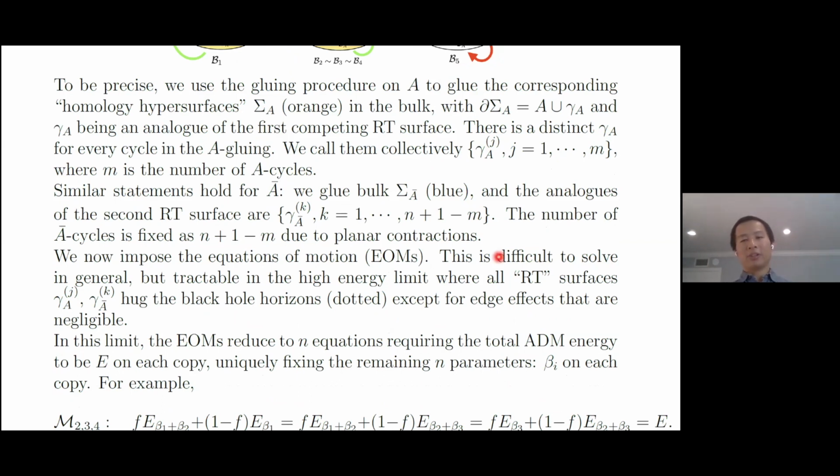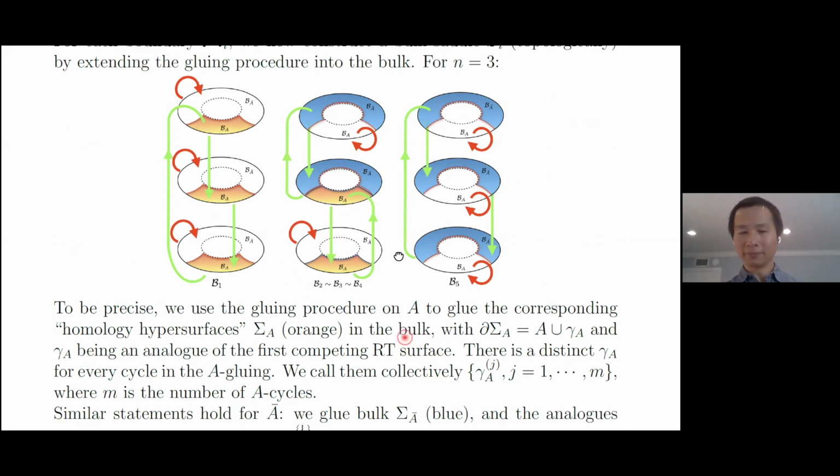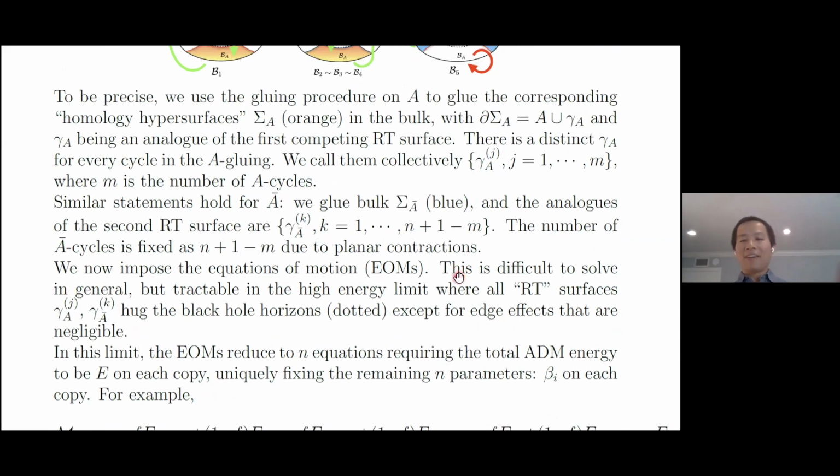This is generally difficult to solve, but if we take a high energy limit where all the RT surfaces are essentially hugging the black hole horizon, the black hole horizons are the dotted lines in the middle, then the edge effects can be ignored and things become very simple.